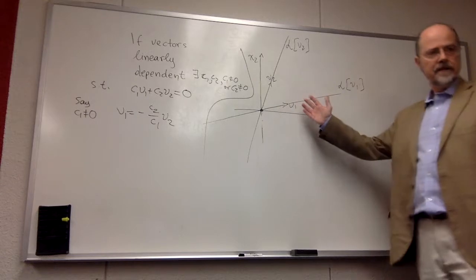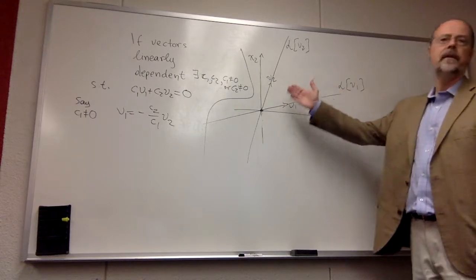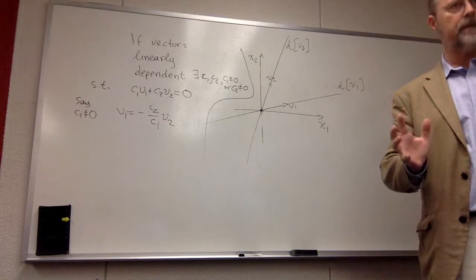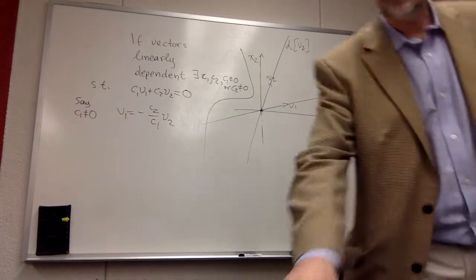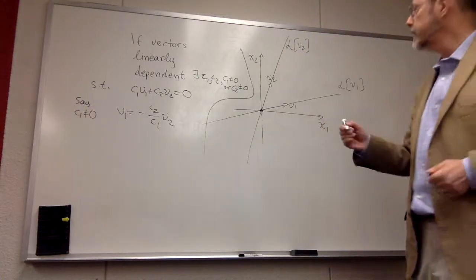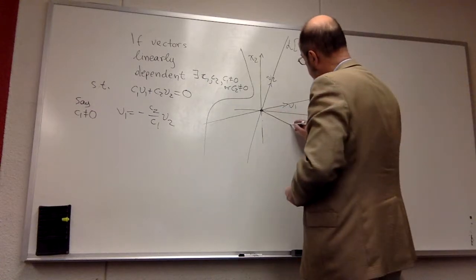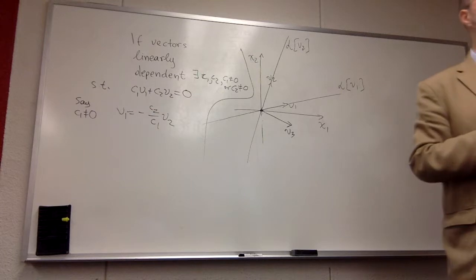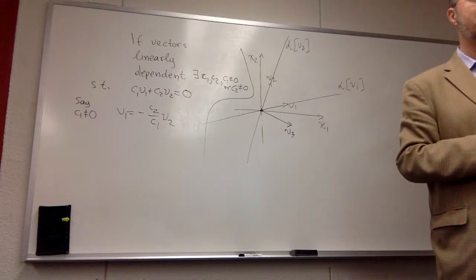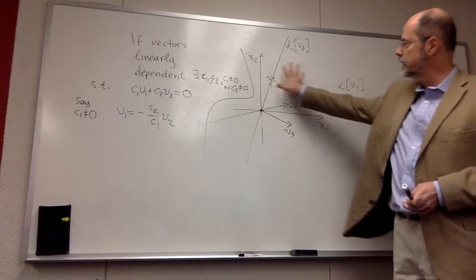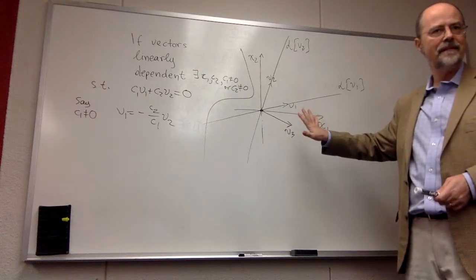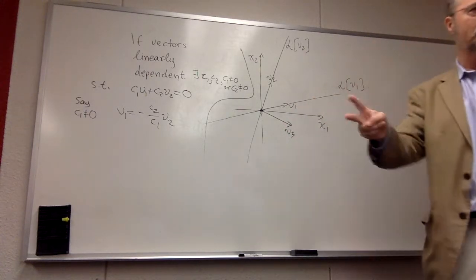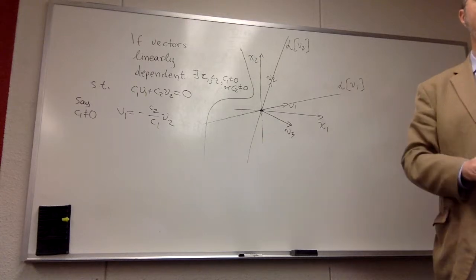I have in this picture vectors v1 and v2, and this particular set of vectors is independent. How about if I throw a third vector in? Anywhere I put it, I can always get it as a linear combination of the other two, right? Because I've already explained you can span the whole space. So 3 vectors in 2-dimensional space cannot be independent.